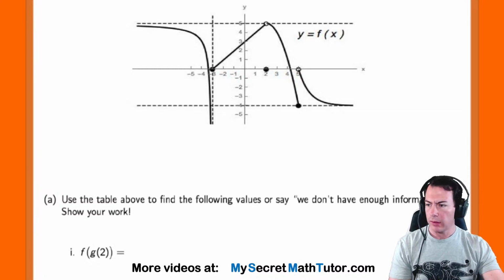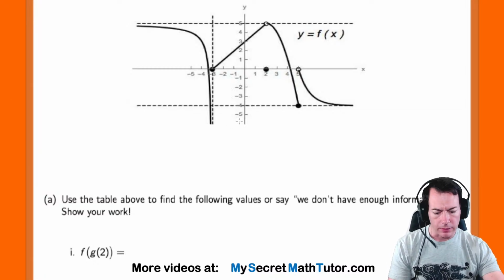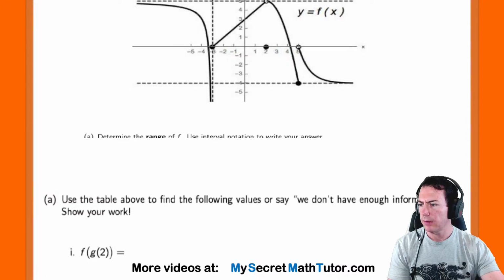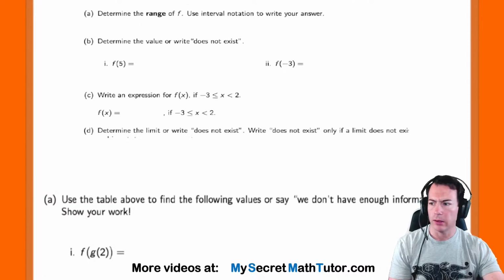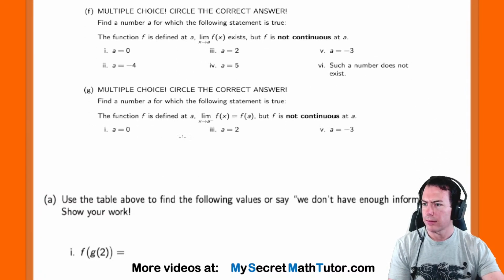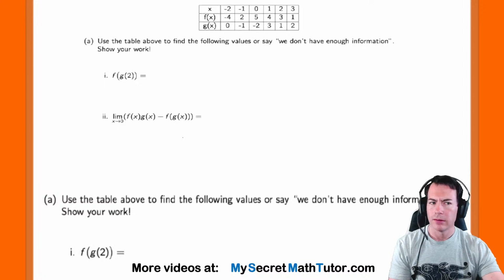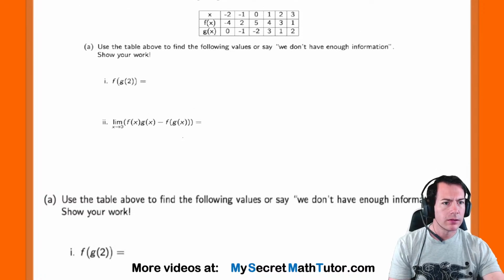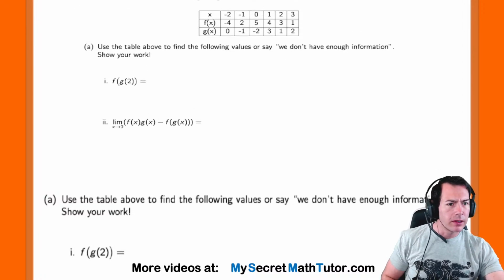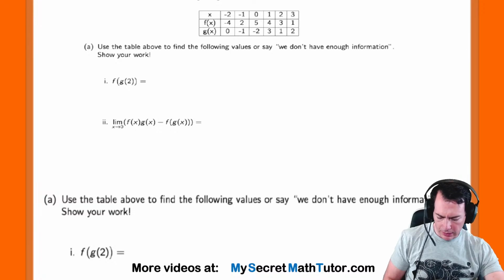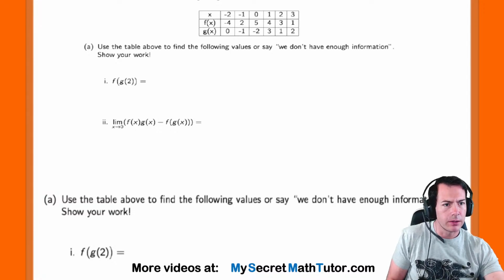Oh, and looks like we get a new problem entirely. This one deals with a table. Let's see if I can get the table up on my little window here. There we are. We can kind of see it. Maybe I'll resize it a little bit so it looks a little bit better.